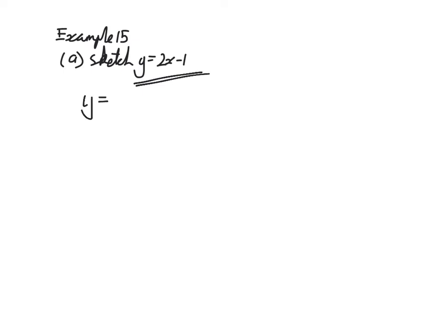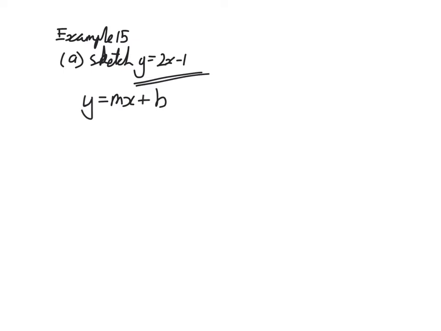Y equals, a standard format is y equals mx plus b. This is in the right format. We've got a y out the front, and we've got our x, that x there represents this x here, and we've got a 2. We can see that the m represents the 2, and the b represents this number here. And we have to always remember to take into account that minus 1.